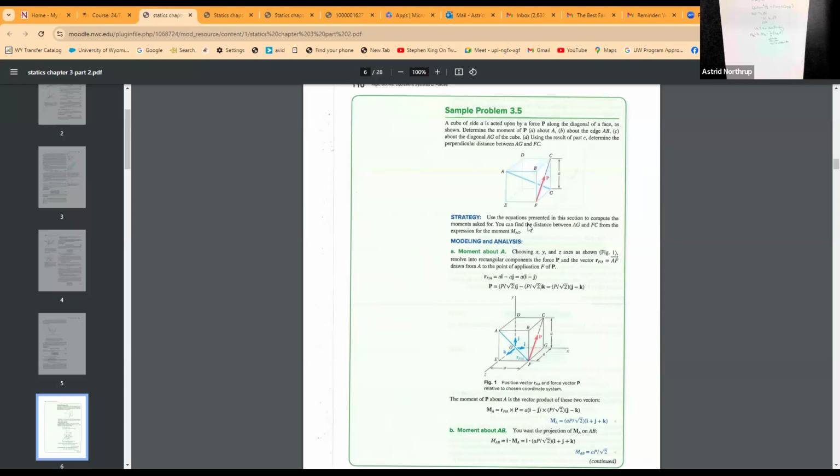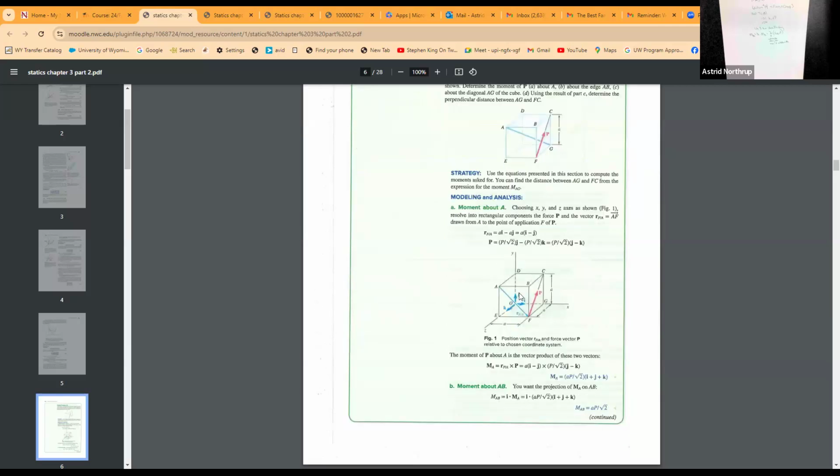If you think about A sub B in coordinates, here's X and Y in the plane of the paper, and then Z coming out. A to B does not have a Z component, does it? Because it's flat, it's flush, it's not in the page of the paper, but it's parallel to the plane of the paper.